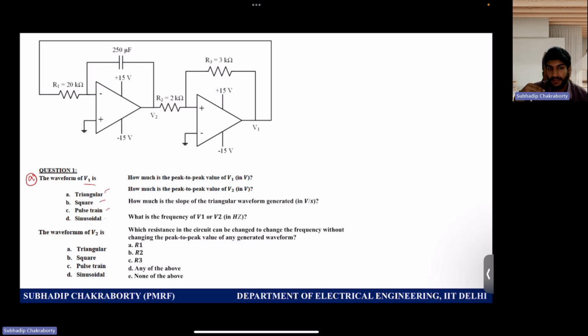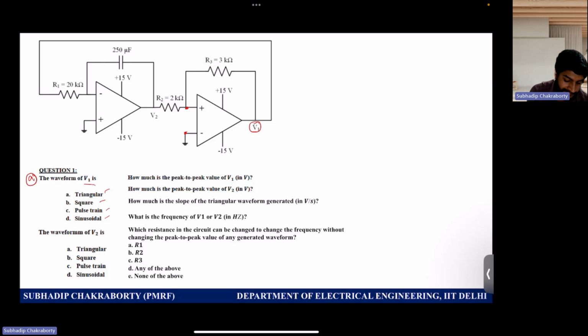All the 4 options comprise not a steady value but a toggling value. So in order for V1 to be toggling, these two voltages should not be equal. There should be some differential voltage impressed across the op-amp such that it is driven, as per the history, from that state to the next saturation state.